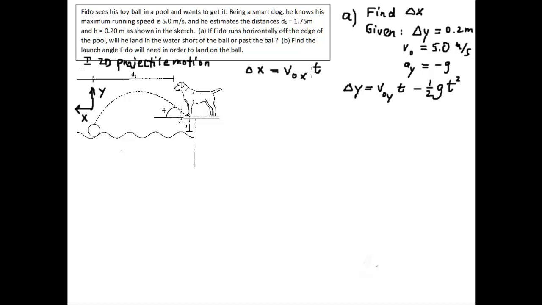Okay, now in this problem, since Fido in part A is going to jump horizontally, that's very special. A horizontal jump would mean that the v vector initially, of course it would be up where Fido is standing. So the initial v vector would be like that, v0, and it would not have a y component.